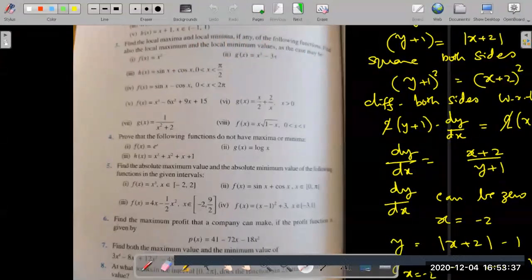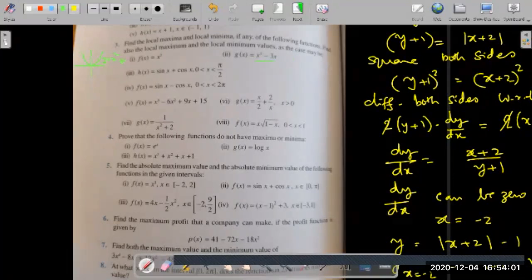So the first one I'll explain with the graph what they mean by that. Okay, so f of x equal to x square, graph will be like this. This is f of x equal to x square. So we know that this is the place where it is minimum. This one, when you take x common, you'll have x into x squared minus 3.